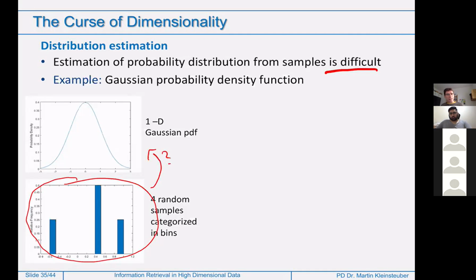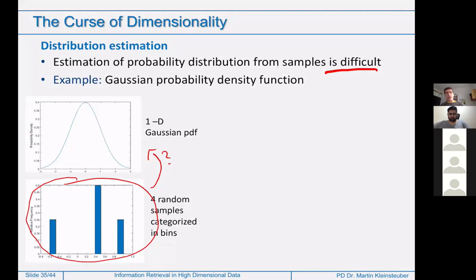I don't want to go into the details, but you can. There are methods where the input is 4 random samples and the output is an estimated density function. And you can imagine that if you want to reconstruct the underlying density function given these 4 samples, it's probably not very accurate.